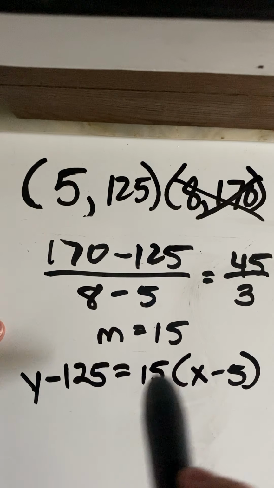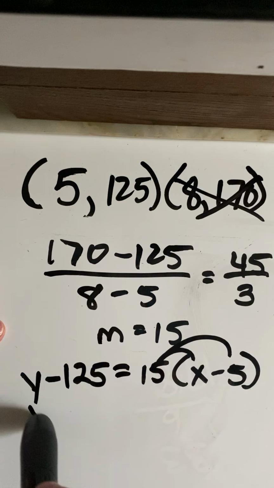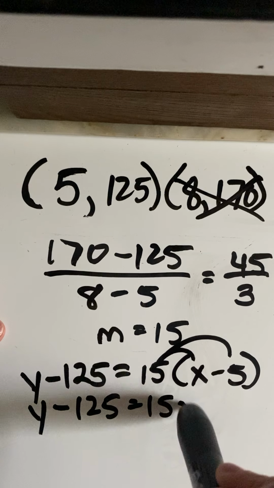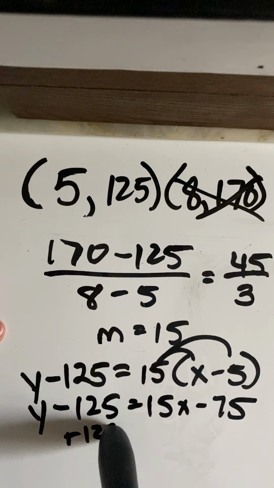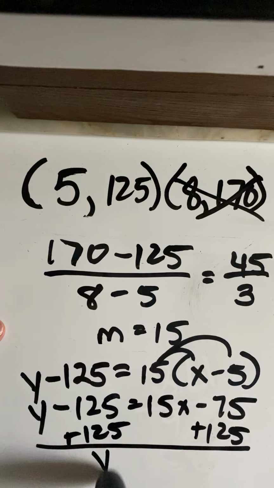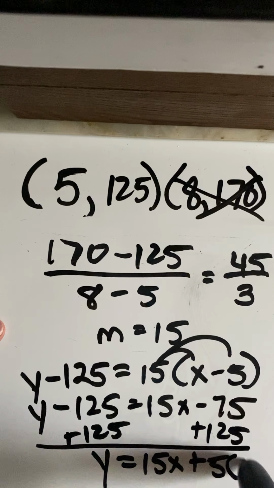Point slope form, but I don't stop there. I always go into slope intercept. So I distribute: y minus 125 equals 15x minus 75. Add 125, add 125. Y equals 15x plus 50.